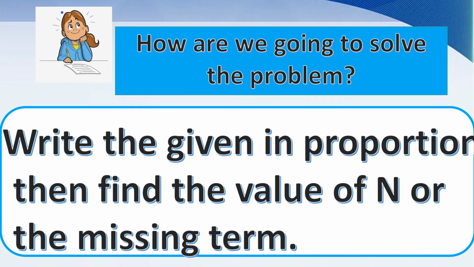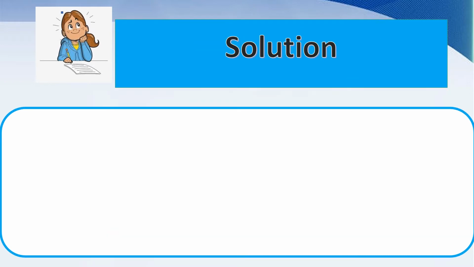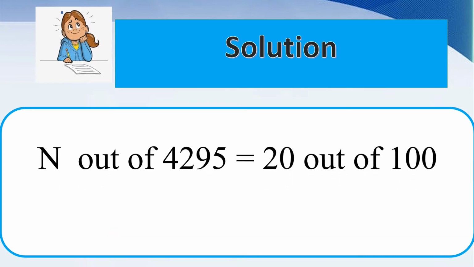Let us write the given in proportion, then find the value of n or the missing term. N out of 4,295 equals 20 out of 100.